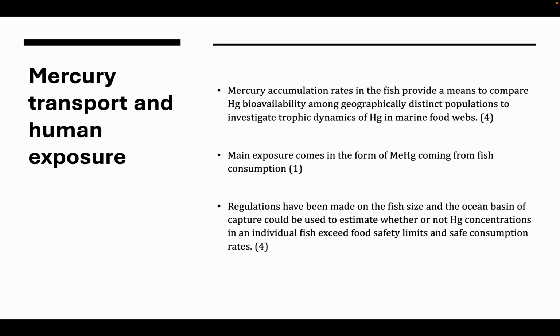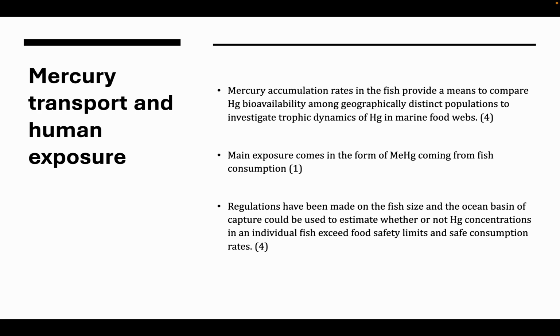Mercury accumulation rates in the fish provide a means to compare mercury bioavailability among geographically distinct populations and investigate trophic dynamics of mercury in marine food webs.